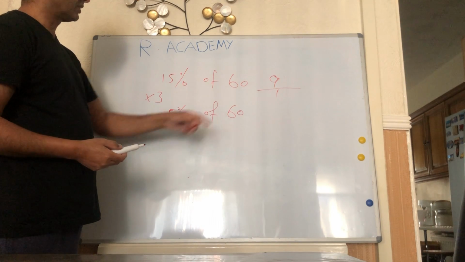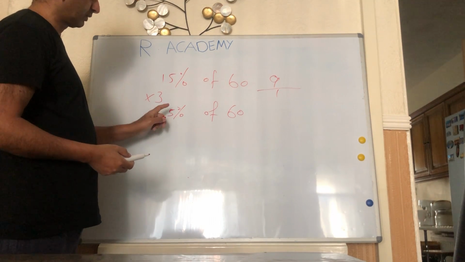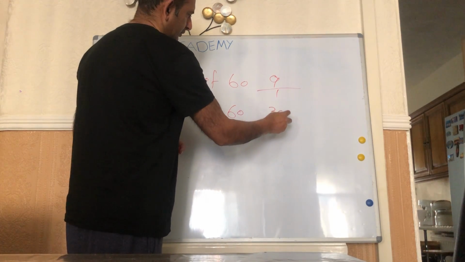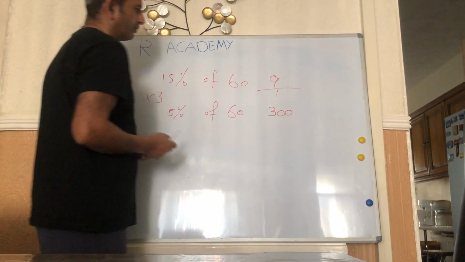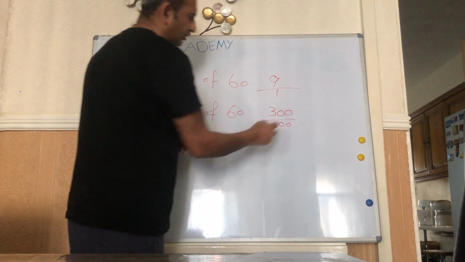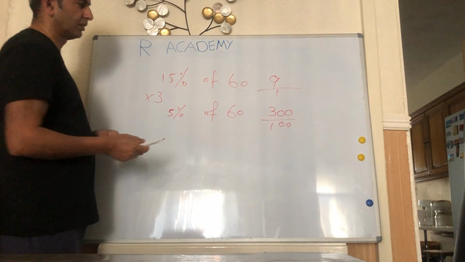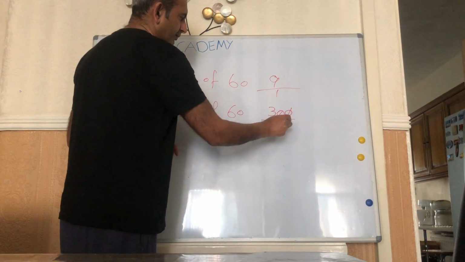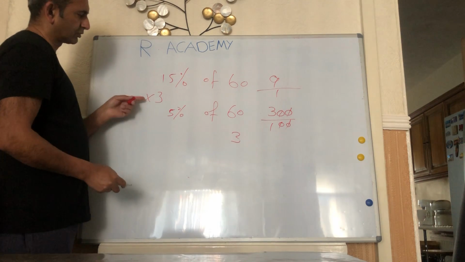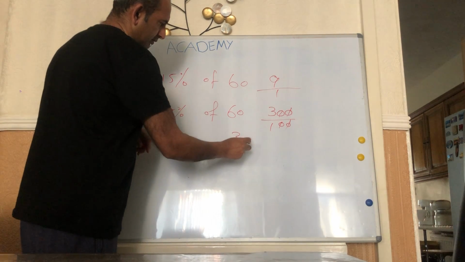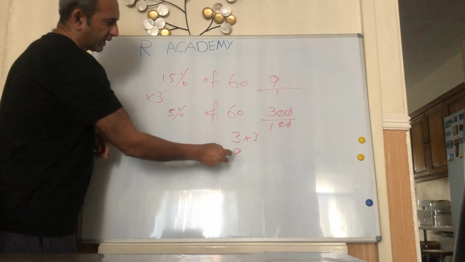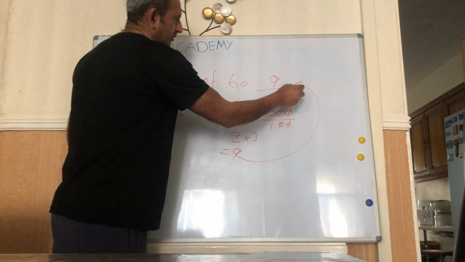So 5% of 60 is quite easy, because 5 times 6 is 30, plus the 0, that's 300. Divided by 100, like I said, you have to divide it by 100 to get your answer. So cross off them. You've now got 3. Now times it by 3 equals 9. And it goes back to the same answer.